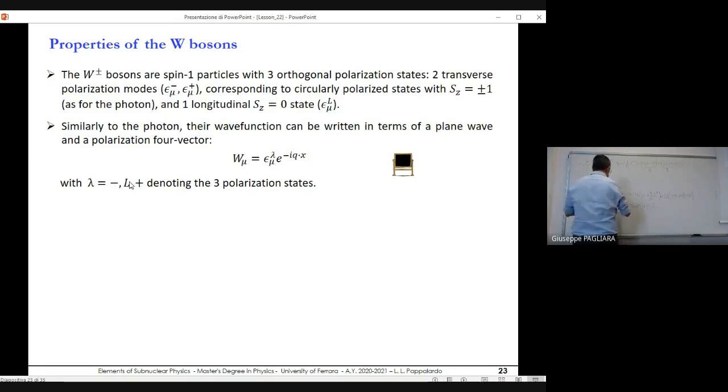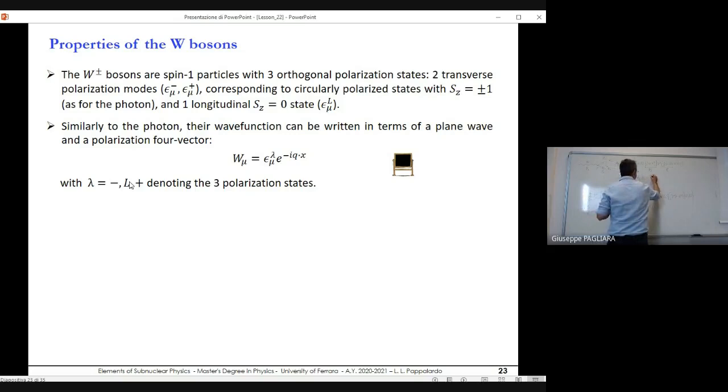Okay. So the result of this is minus i g over square root 2 epsilon mu lambda. So P_R acting on the adjoint spinor gives us u bar left P3.